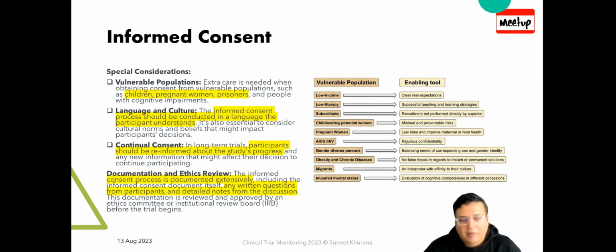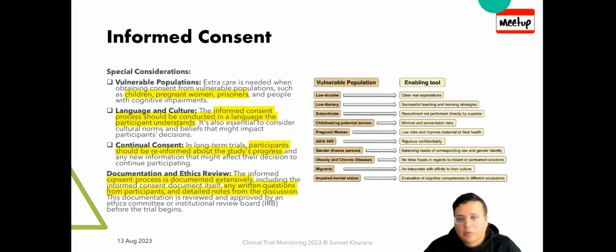Their decision-making capacity is in the hands of somebody else who takes care of them. So there are some tools to make sure that the vulnerable population is given enough information.